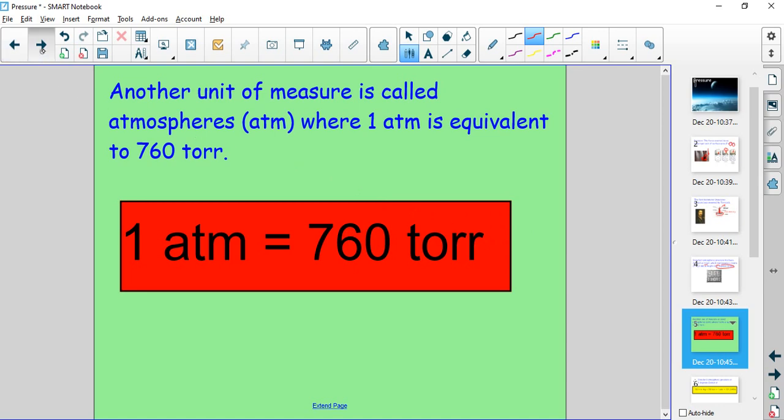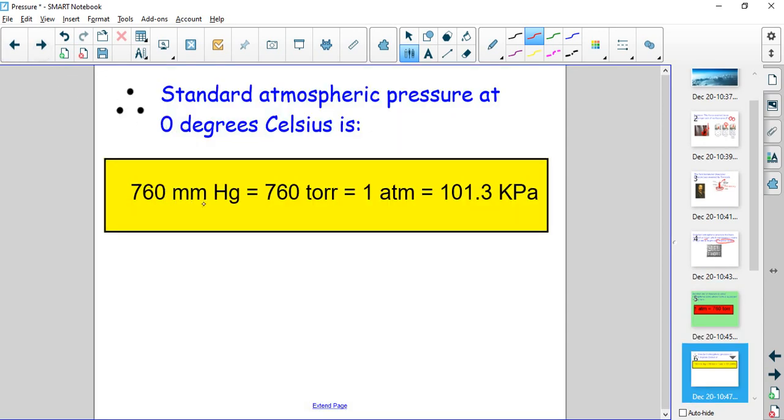So 760 millimeters of mercury is equal to 760 torr, which is the same thing as 1 atmosphere. Now, you don't usually see these on your weather apps anymore. Now you usually use kilopascals, after a French scientist, and 101.3 kilopascals is your pressure at sea level at 0 degrees Celsius. So this is the conversion for all of these different units of pressure.